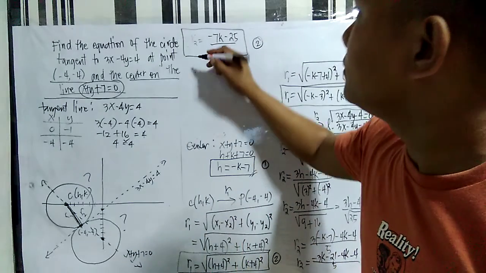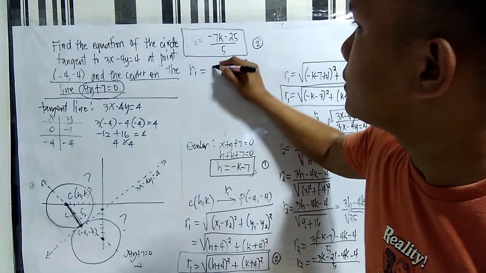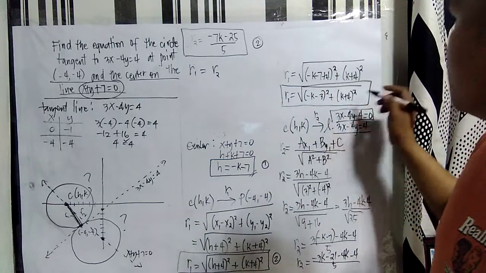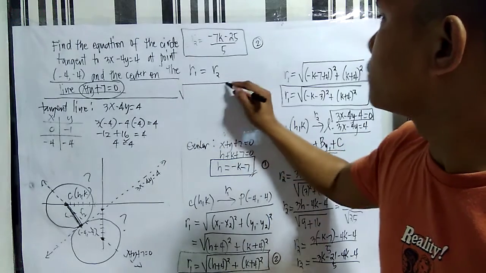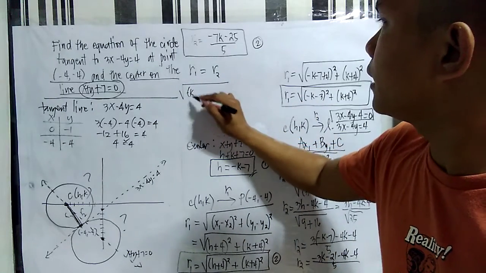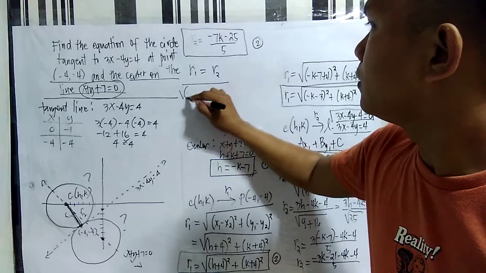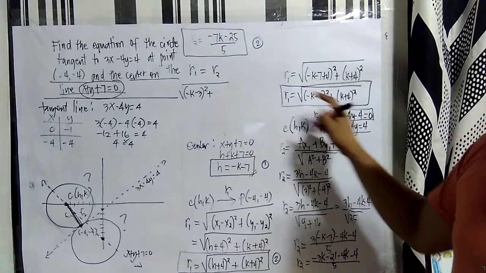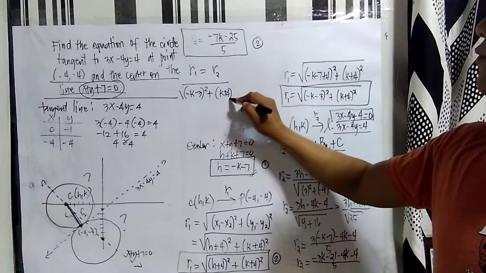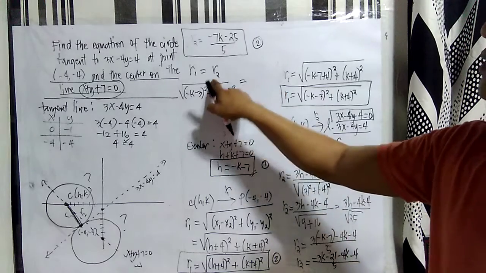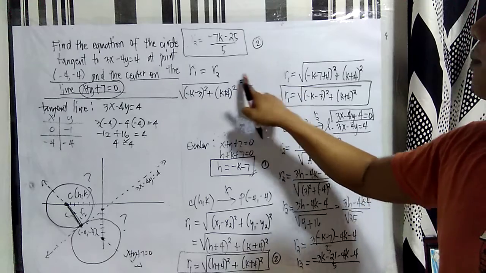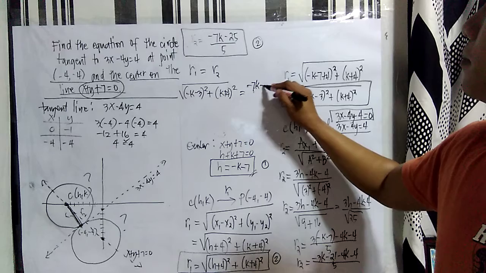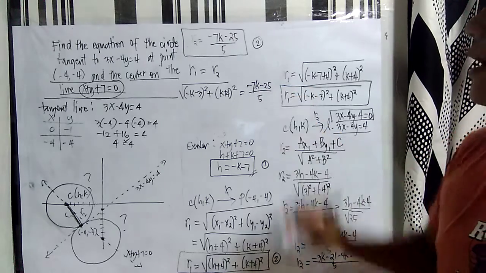So r sub 1 is equal to r sub 2. Ano bang r sub 1 natin? We have the square root of negative k minus 3 square plus k plus 4 square equals our r sub 2, which is negative 7k minus 25 over 5.